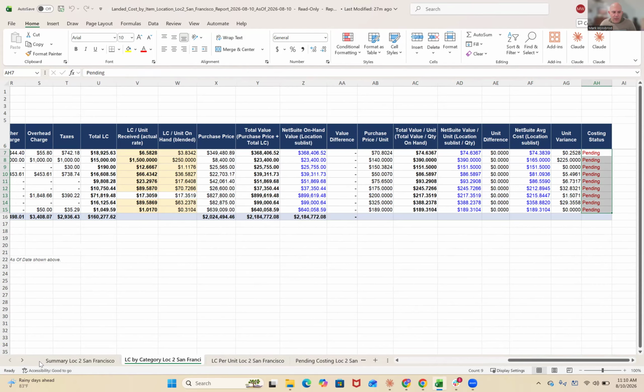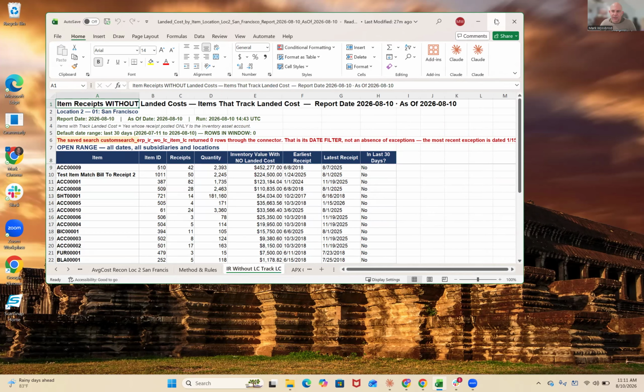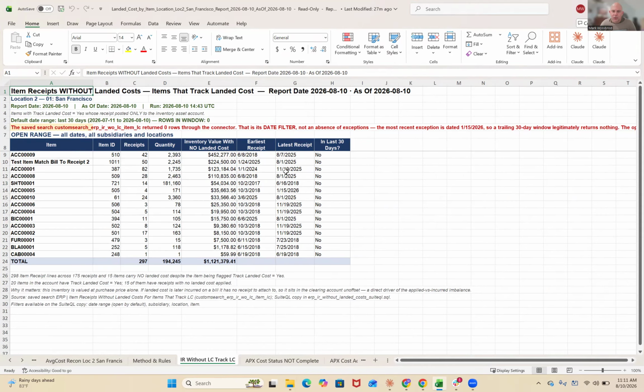A couple of other items that I would like to show. Landed costs are really important because you want to know about items receipts that don't have landed costs on them. There's not really a good saved search that I'm aware of that can provide this, but guess what?